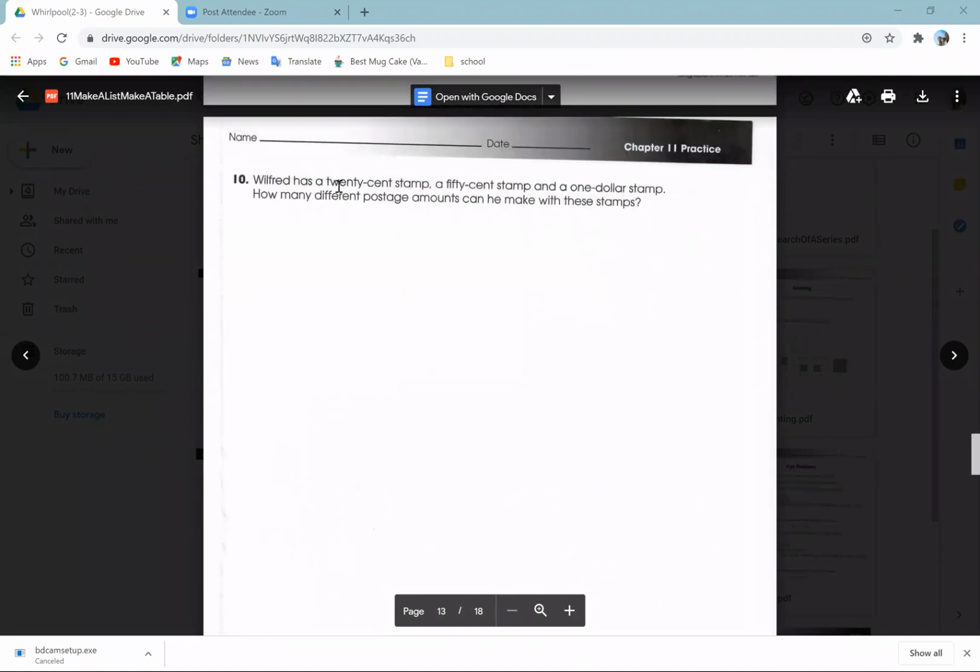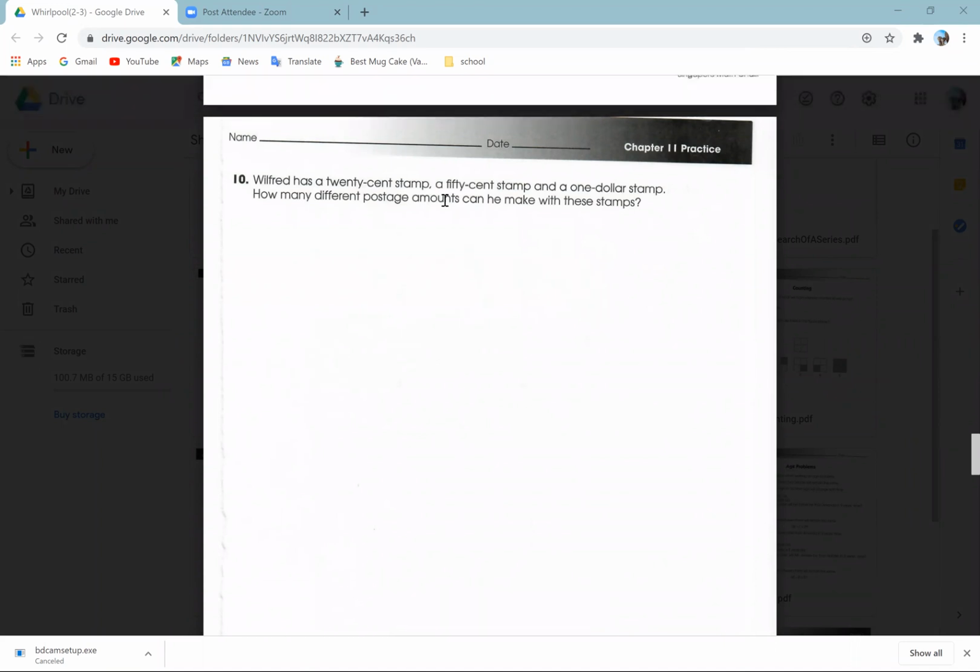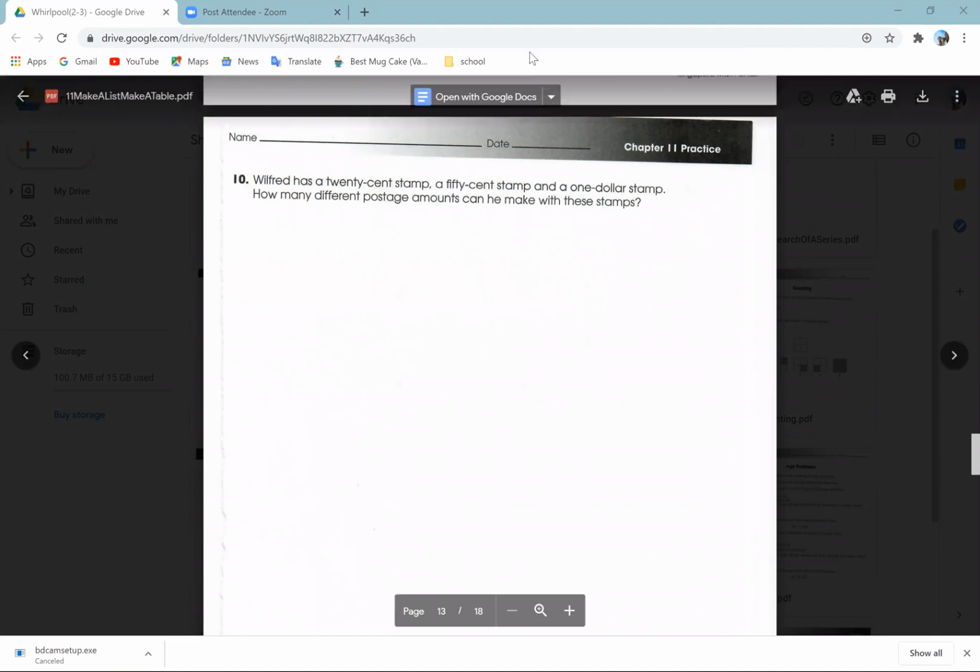Okay? Wilford has a 20-cent stamp, 50-cent stamp, and a $1 stamp. How many different postage amounts can he make with these stamps? So, the first thing I'm going to do is 25-cent, 50-cent, dollar. Okay?